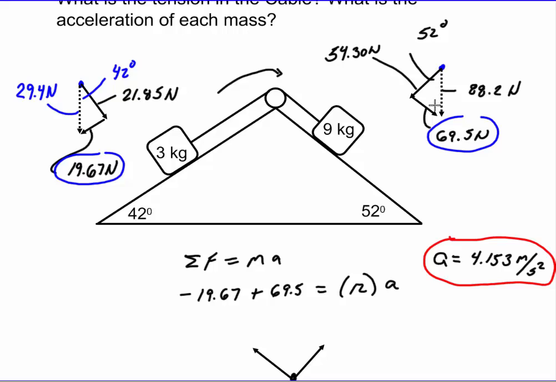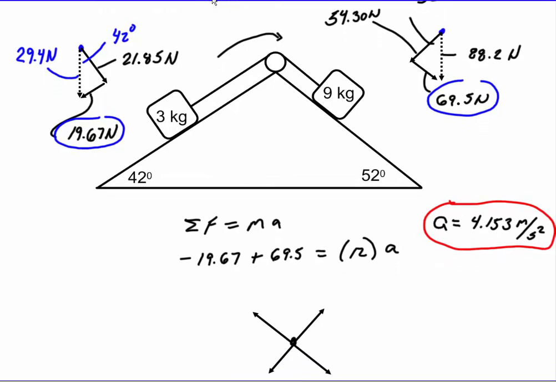Did I mess up? Okay. All right, you're fine. Focus. 69.5, right? There's your tension. There's your normal. And then we could call this 54.3 if you want to.